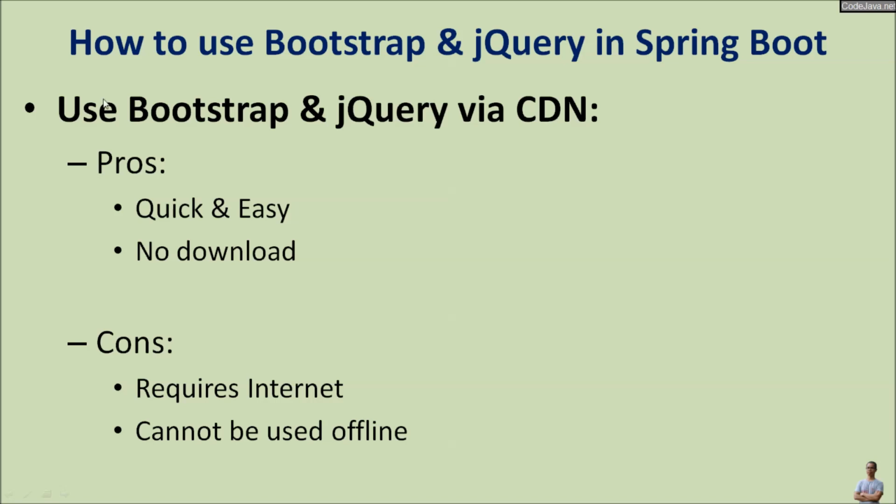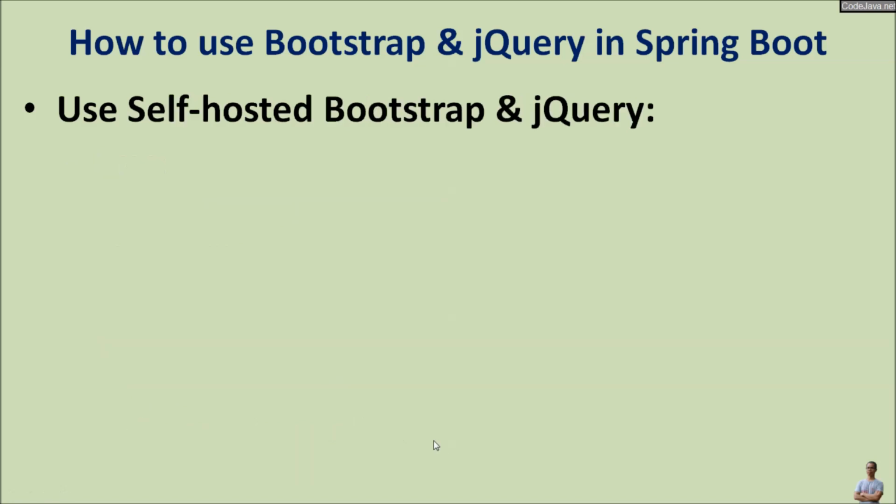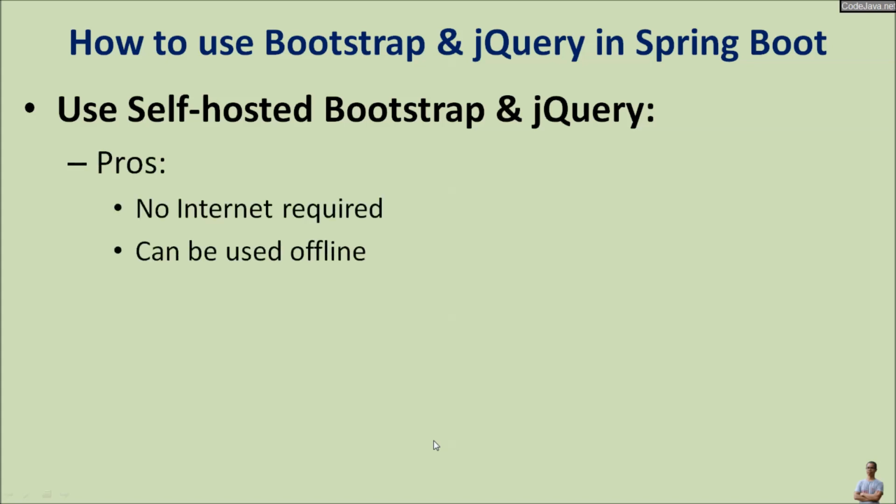The pro of this way is that it's very quick and easy and no download is required, but our Spring Boot application will require the internet and cannot be used offline. And the second way is to use self-hosted Bootstrap and jQuery libraries. In this way, no internet connection is required, and our Spring Boot application can be used offline, but we need to download the files manually.